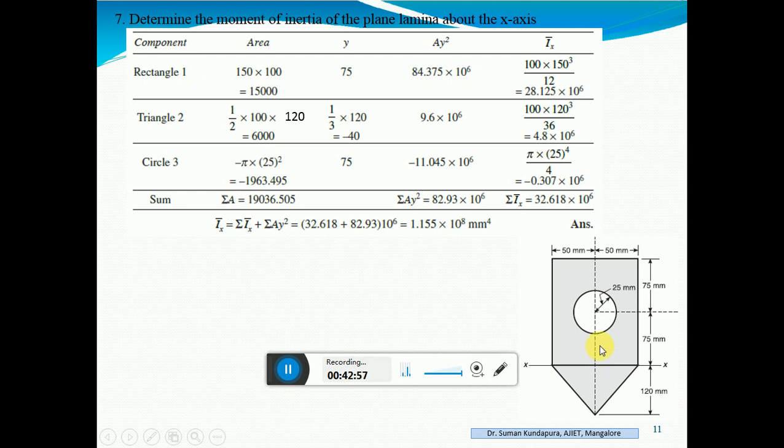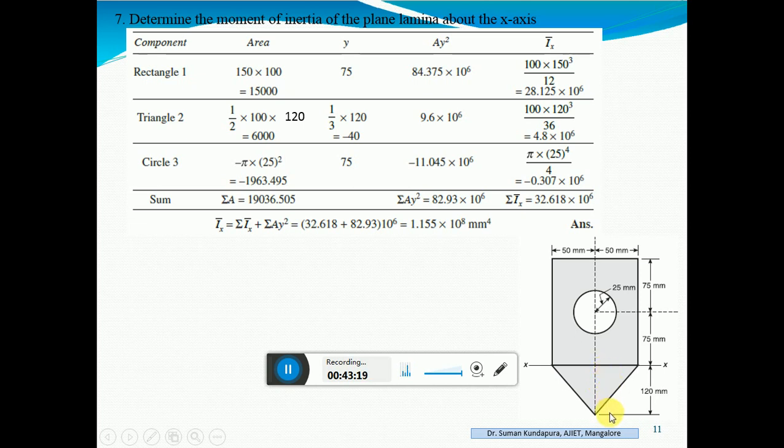Y distances have to be measured from this x axis. In the case of the rectangle, it is above the x axis, so it is depth by 2, 150 by 2, which is 75. But the triangle is on the other side of the x axis, so the CG will be lying somewhere here.